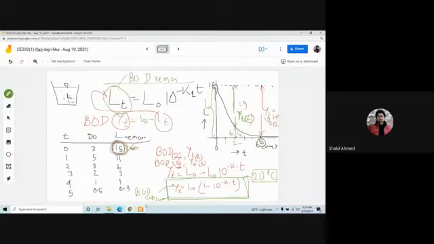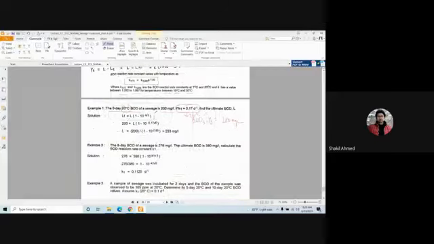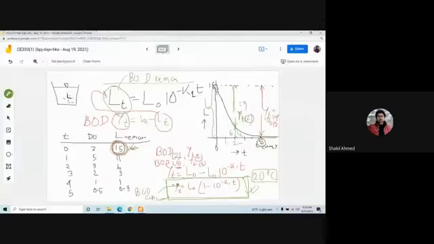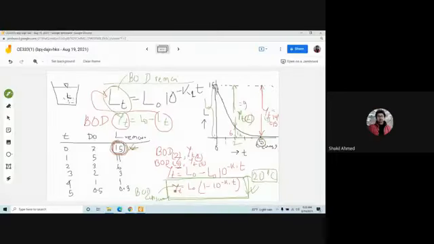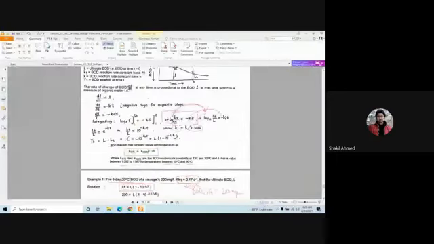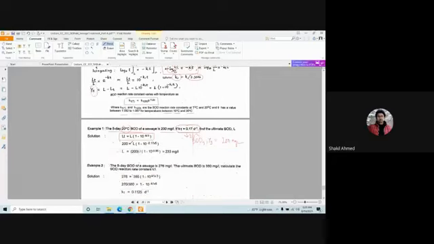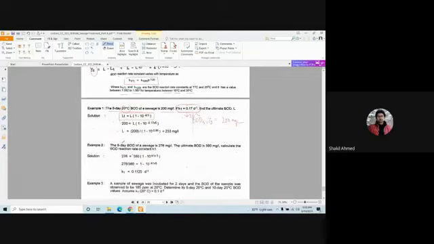So what's the formula? Yt equals L0 times 1 minus 10 to the power minus K1 into T. They are referring to Yt as Lt here, but this should be Yt.